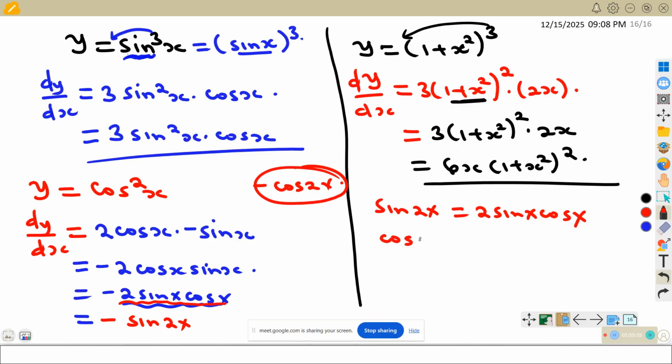Cos 2x is same as, anyone who recalls the two expressions that represent cos 2x? Cos squared x minus sine squared x. What else? It has got about three expressions.